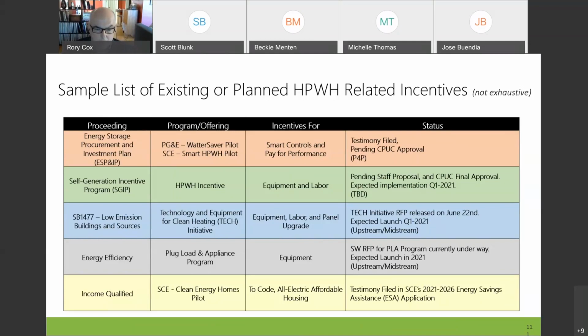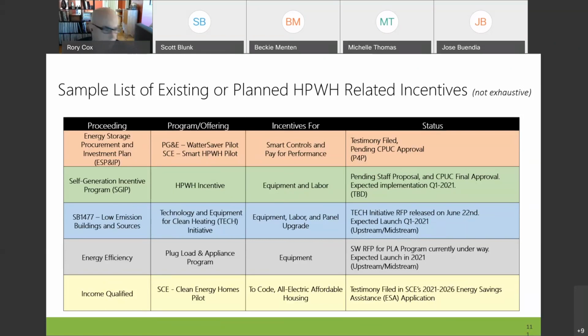We have the tech initiative, where the RFP was just released last week, expected to launch sometime in Q1 of next year. But then we also have the S-chip heat pump water heater incentive that is pending staff proposal and then final CPUC approval. The expected implementation for those incentives would also be in Q1 of next year.